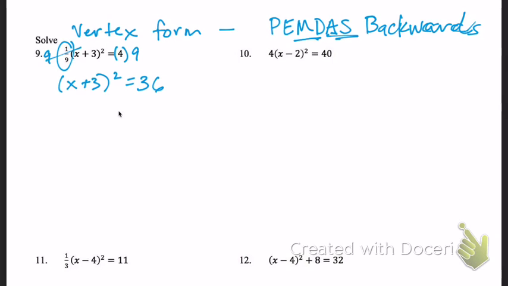The next part of PEMDAS backwards is exponent. So that means I'm going to take the square root of each side. These 2 will cancel. And I'm left with x plus 3 equals, my square root of 36 is plus or minus 6.